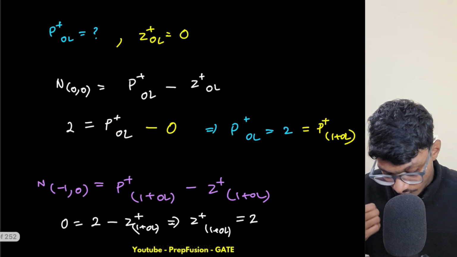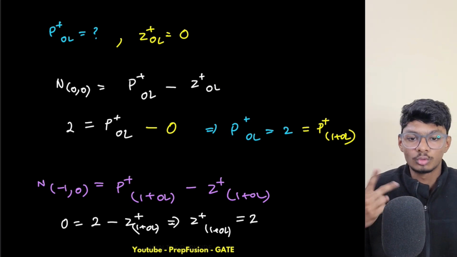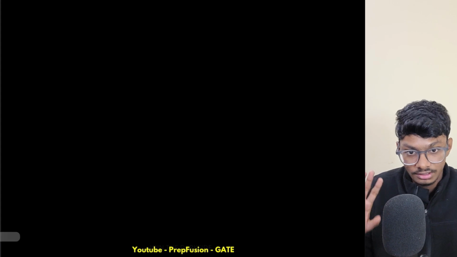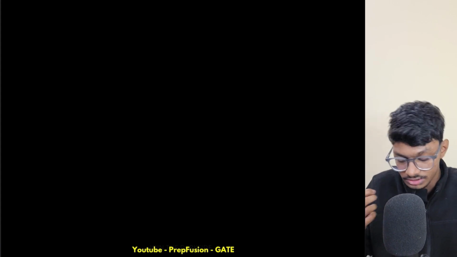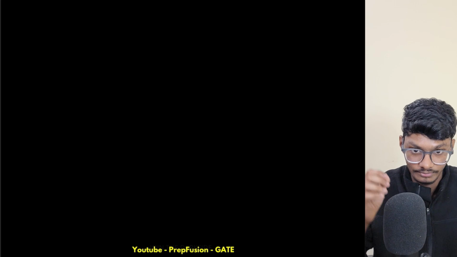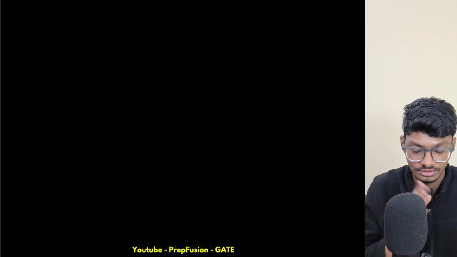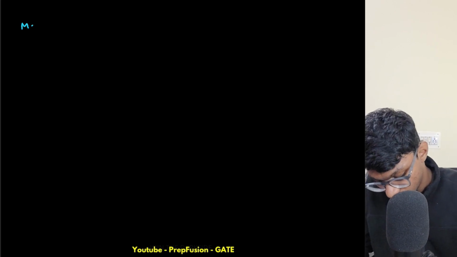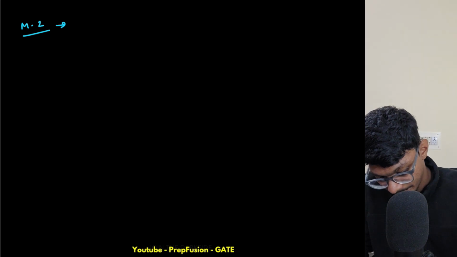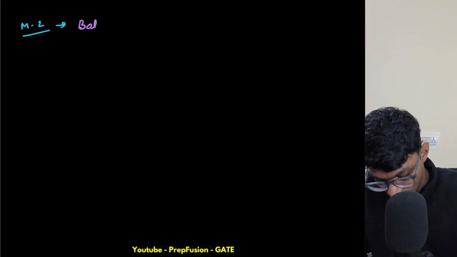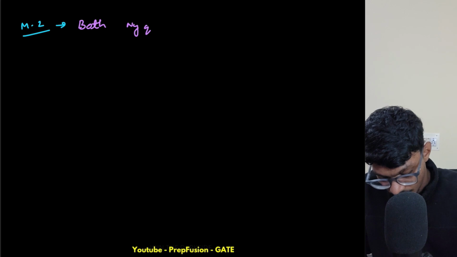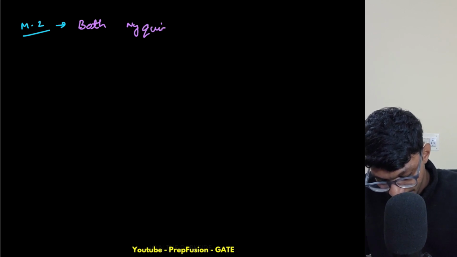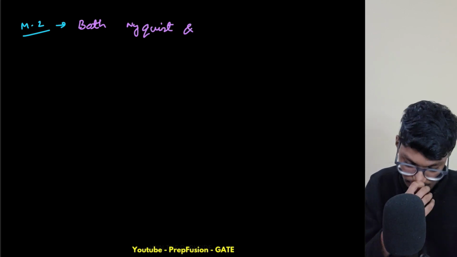Now let's go for method 2, which is a mixture of both Nyquist and Routh. If someone doesn't know the concept of encirclement on the origin, what they will do is find the number of poles on the right hand side of the S plane of the G of H of S transfer function, the OLTF, with the help of Routh. So method 2, both Nyquist and Routh.